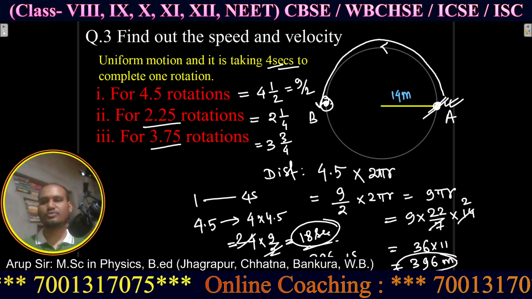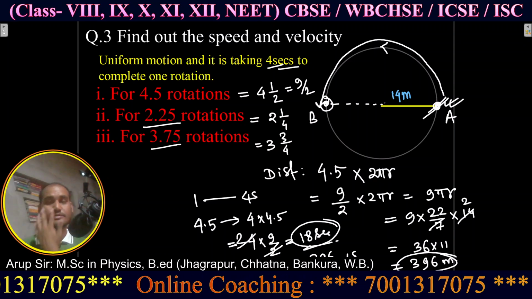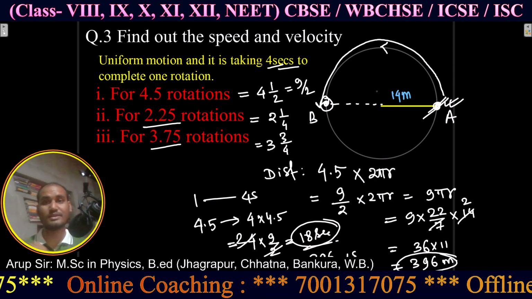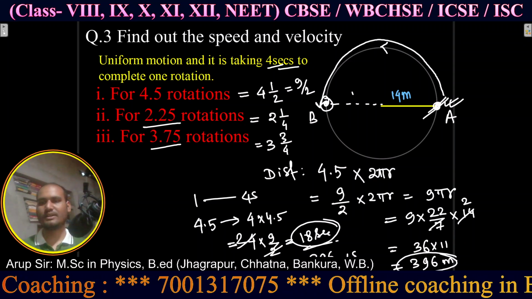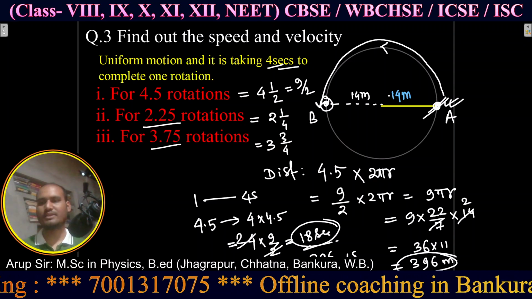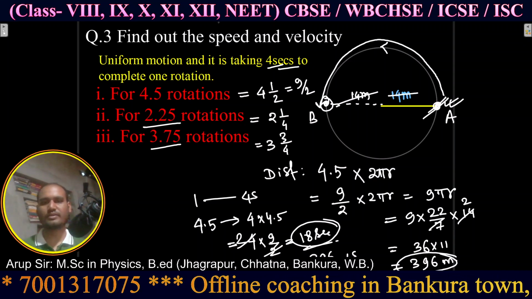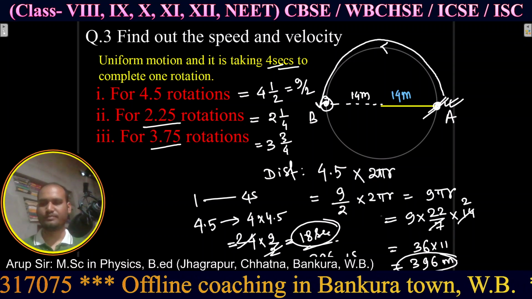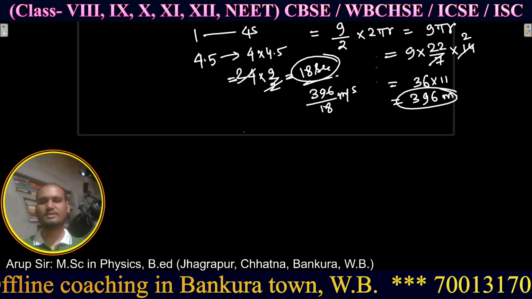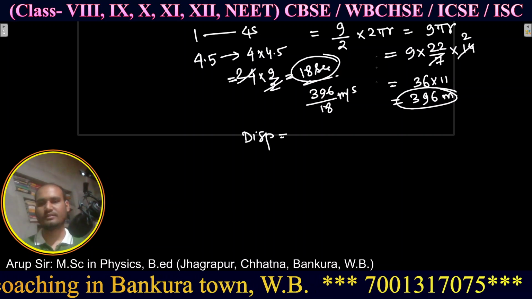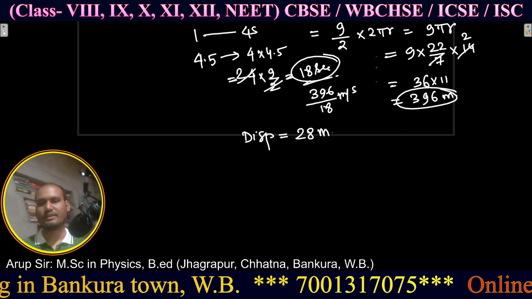So the diameter is the displacement, the separation between initial and final point. It is 14 meter and 14 meter, so the diameter is 14 plus 14, 28 meter. So for the first case, the displacement is 28 meter, only the diameter.